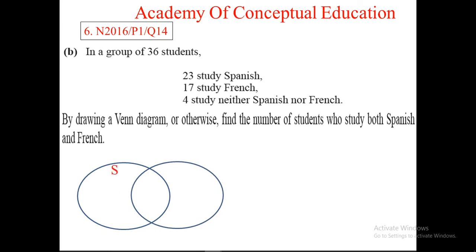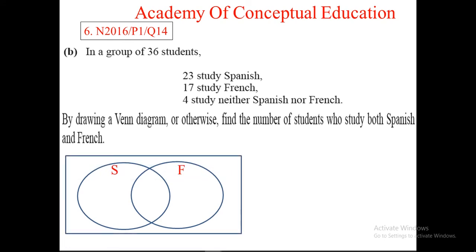If we draw a circle, S represents the number of students who study Spanish, the circle F represents the number of students who study French, and this rectangular box represents the universal set. Initially we have seen that 4 study neither Spanish nor French, so 4 will be in the rectangle portion.